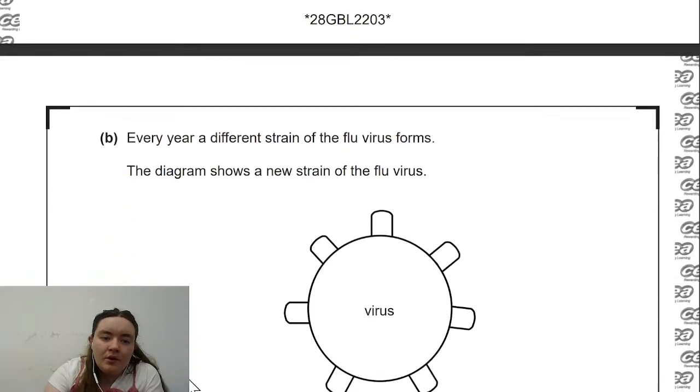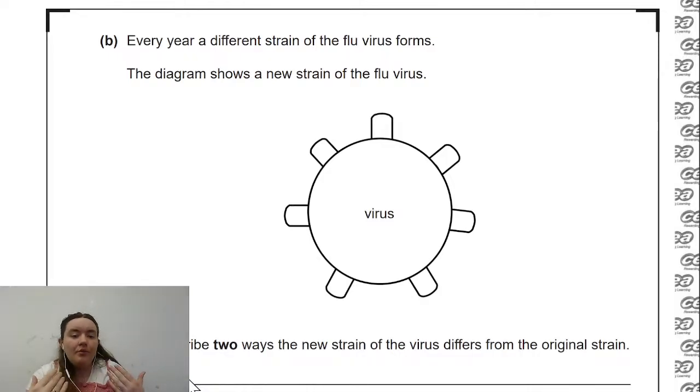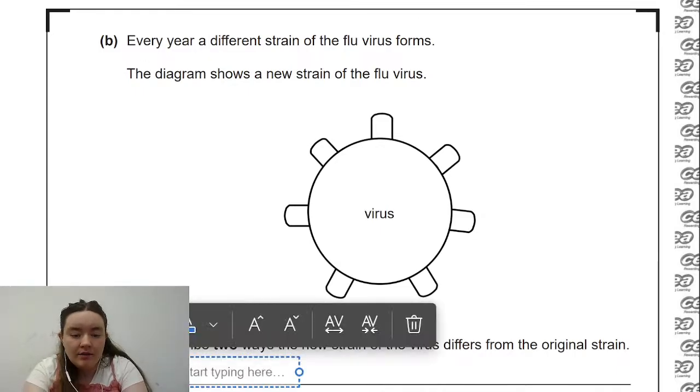Okay, so every year a different strain of the flu virus forms. The diagram shows a new strain of flu virus. Describe 2 ways the new strain differs from the original strain. So the original strain, one of the very obvious differences is going to be it has a different antigen.